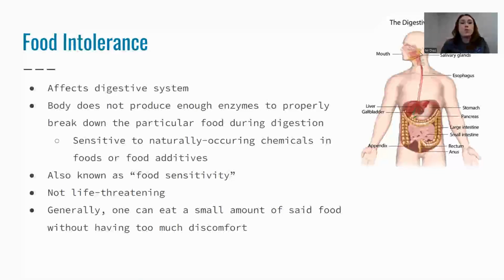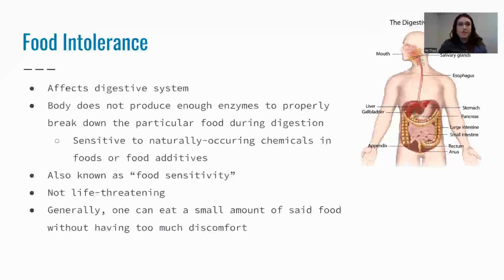Okay, so now that we know what a food allergy is, let's shift to food intolerances. A food intolerance affects the digestive system. Your digestive system technically includes everything from your mouth all the way down to your rectum.